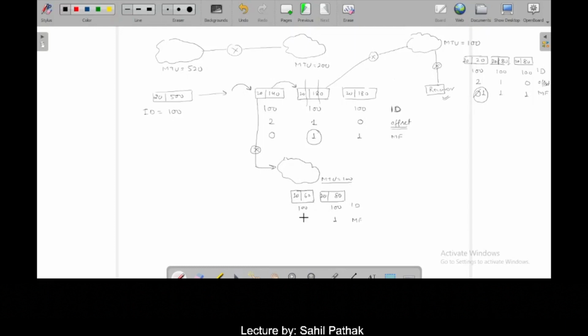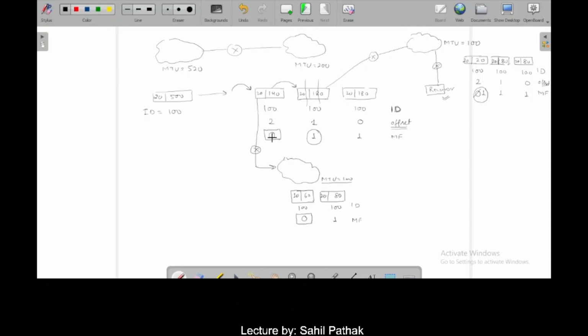So here the MF value will be 0. Or, in other words, for the last fragment in the refragmentation, the MF value is going to be the same as the MF value of the parent. So this is how the MF field is going to be set.